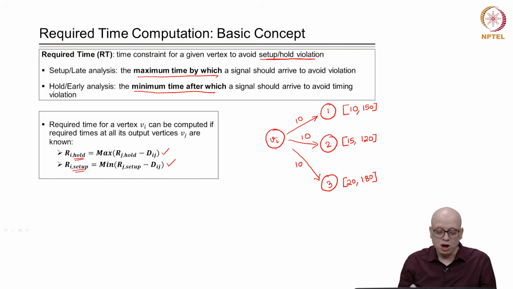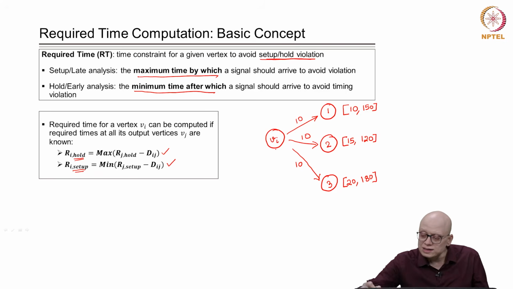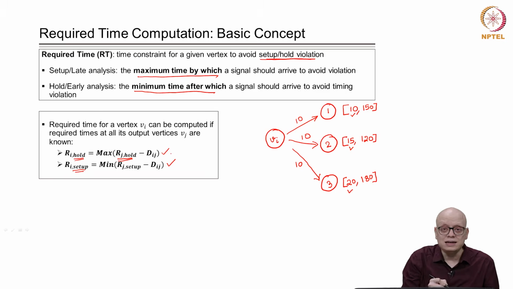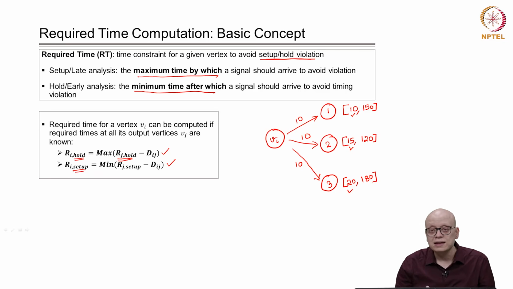Now, using these two formulas, let us compute the required time at vertex Vi. For the hold analysis, what we need to do is take the hold value for all the output vertices 1, 2, 3. So, the hold required times are 10, 15 and 20. We subtract the delay, that is 10 in this case, and then take the maximum out of it, right.